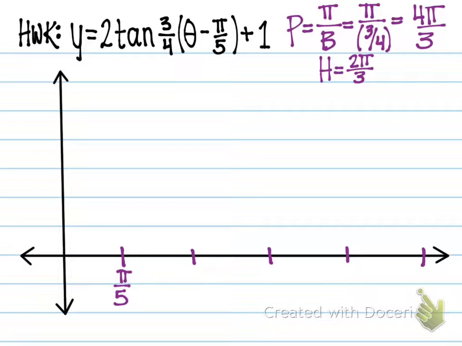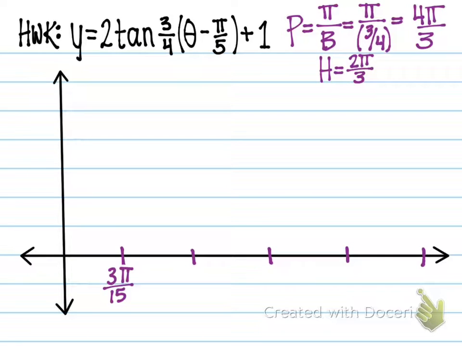Now, here's the dilemma. Pi over 5, I have to add 2 pi over 3, and that doesn't match. So how can I rewrite pi over 5? 5 pi over 15. How much? 10 pi over 15. Guys, 3 pi. There we go, honors kids, come on. 3 pi over 15, sillies.